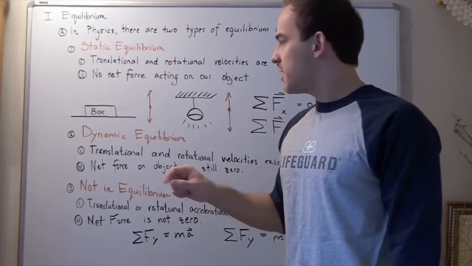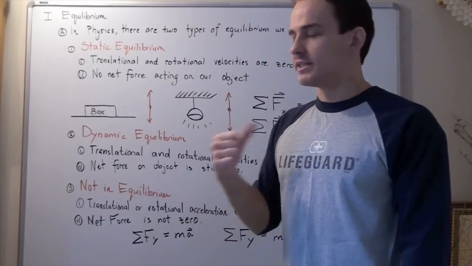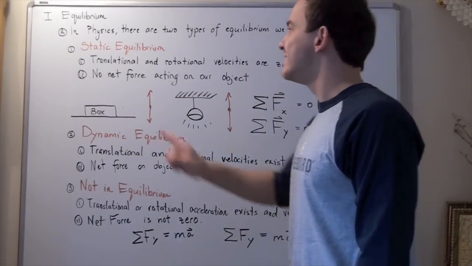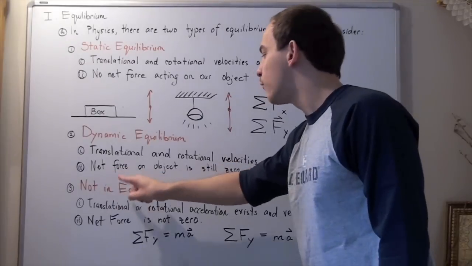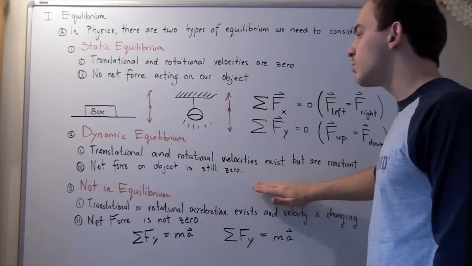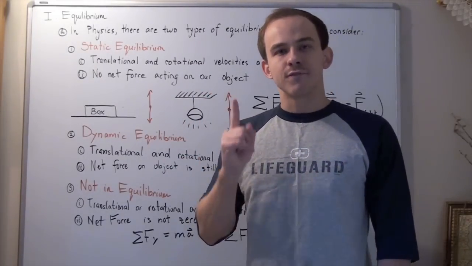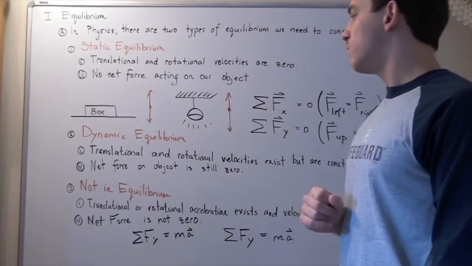Static means stationary, dynamic means movement. So, in dynamic equilibrium, just like in static equilibrium, the net force on the object is still zero. That means our object is not accelerating according to the first law of motion and second law of motion.